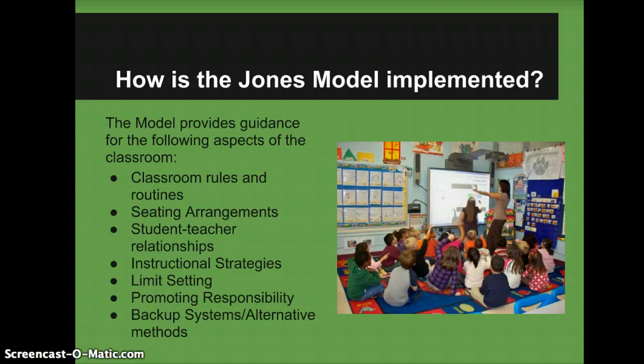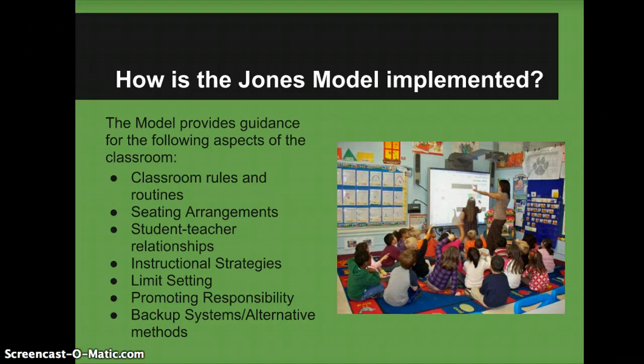So how is the Jones model implemented? The model provides guidance for these following aspects of the classroom. And as you can see, the list is pretty long, so it covers a lot of aspects of the classroom and everyday teaching and classroom life. So classroom rules and routines, seating arrangements like I talked about earlier, student-teacher relationships, fostering a positive relationship between teacher and student rather than an authoritarian position.